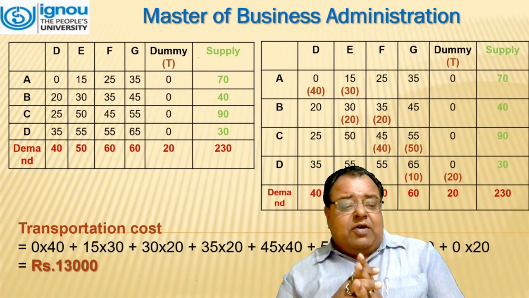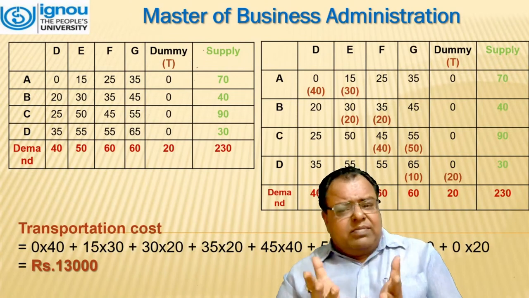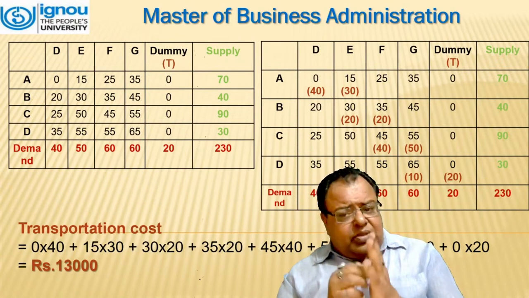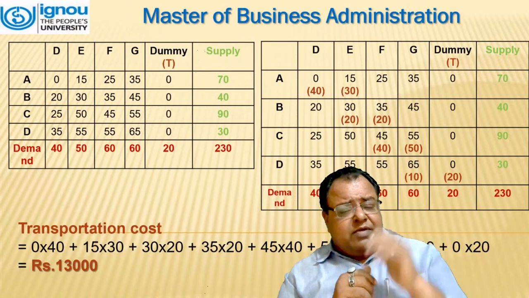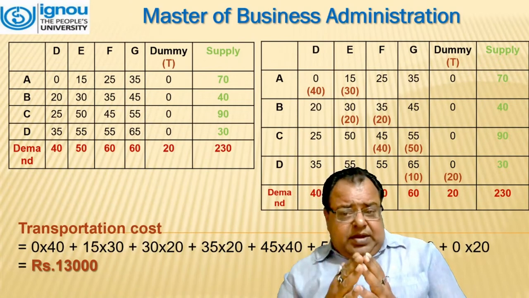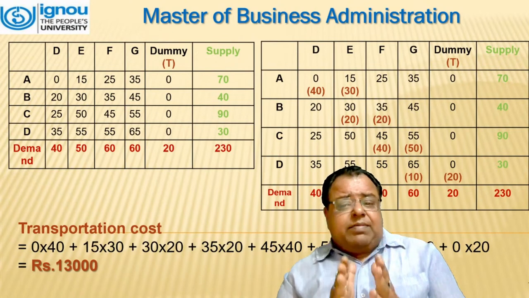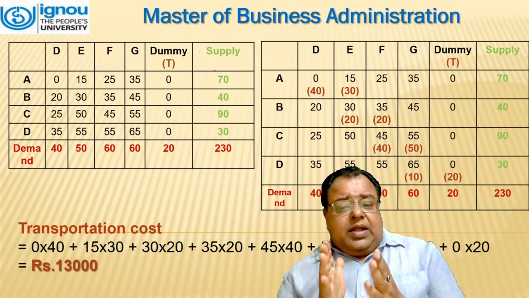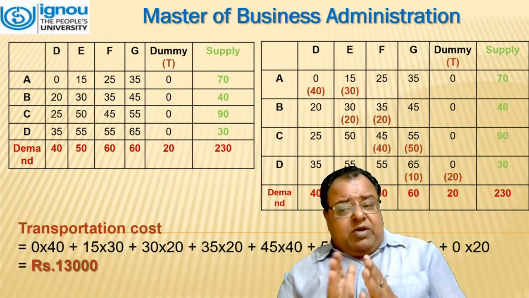And now we will be following one method, the northwest corner rule. Normally, we apply the northwest corner rule. For the minimum allocation, we will start from the left corner of the table, and we will be reducing it. That means we will be eliminating its demand and supply in each row and column.